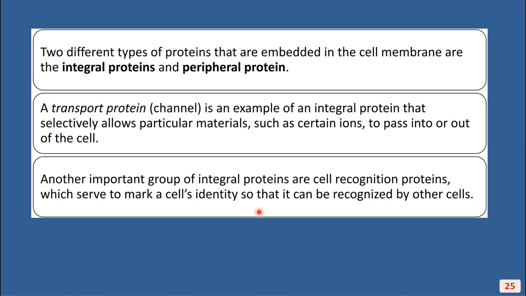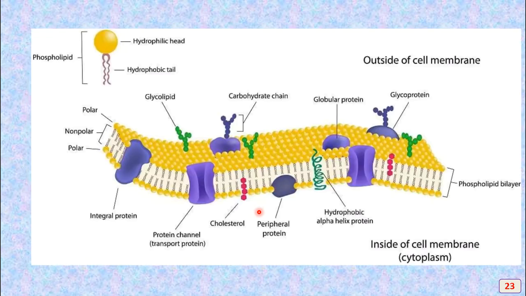Then two different types of proteins embedded in the cell membrane are the integral proteins and the peripheral proteins, meaning outside the cell, that's the membrane. Whereas the transport protein, here you can see, is also called the ion channels nowadays.